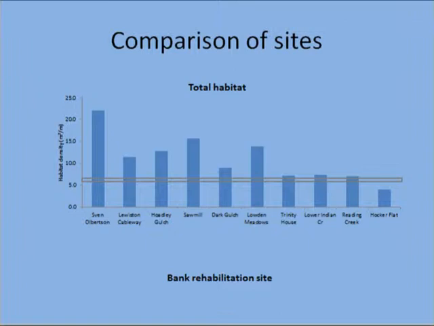So it's meters squared of habitat per length of river, and that way we can compare these different sites. And some of them really stand out, and then some of them stand out on the other end of the spectrum as well. And the gray line on the graph, that is our systemic average. From our systemic look on the 40-mile scale, the average density is around 6 square meters per length of river per meter of habitat.